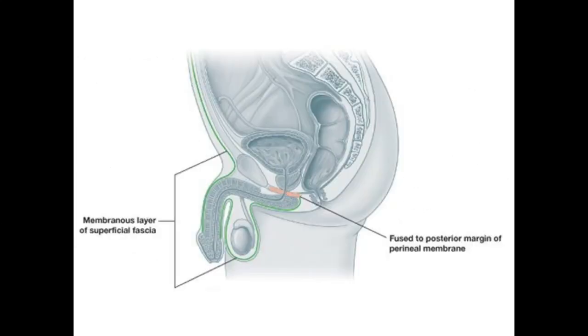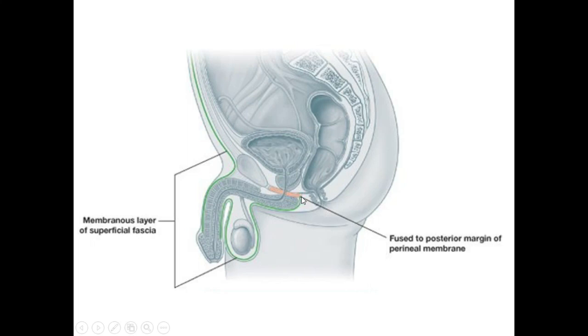Now let's see the attachment of the Colles fascia. Colles fascia is attached on this side to the lower margin of the ischiopubic ramus, and this attachment cannot be shown here because it is a sagittal view, and one portion of one side is omitted and the other side is hidden. So let's see the structure behind where the Colles fascia will run.